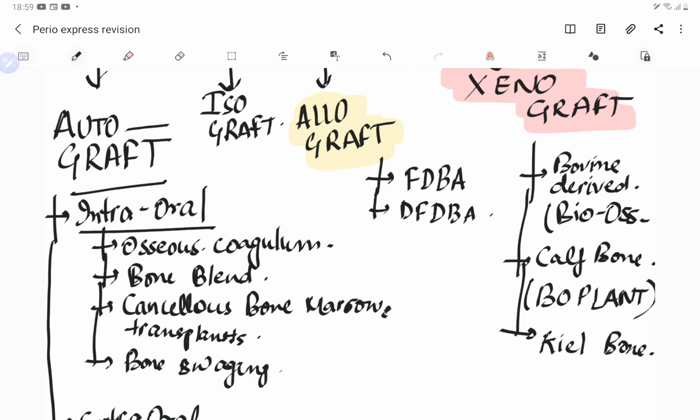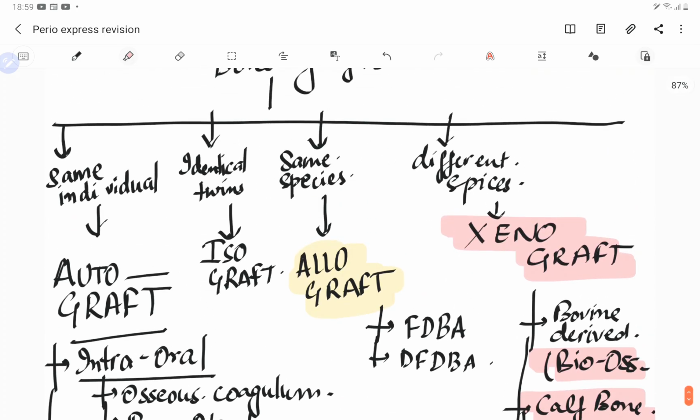Or there are also porcine derived and many other xenografts. So basically Bio-Oss, calf bone, and Kiel bone are all xenografts. These are from some species that you are taking, right?